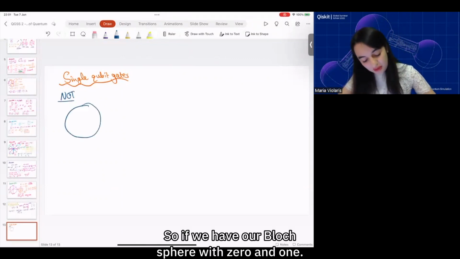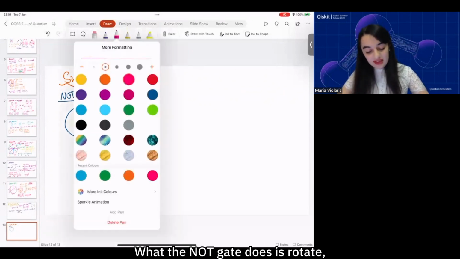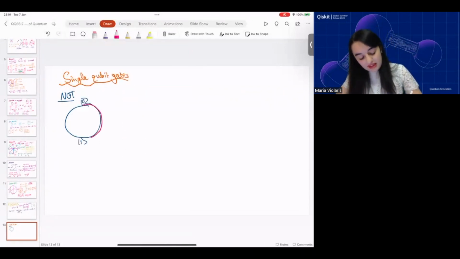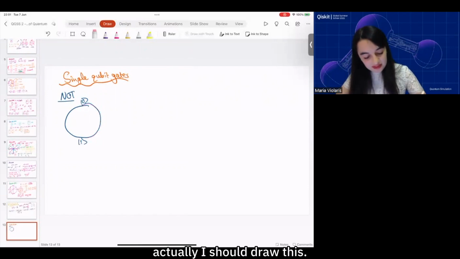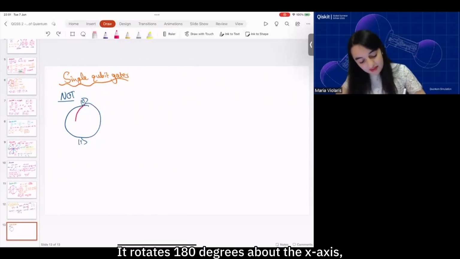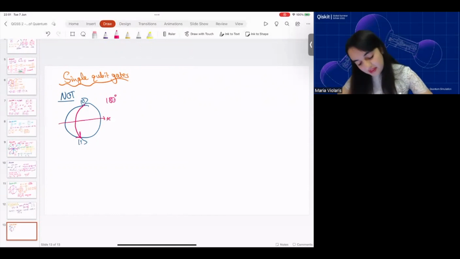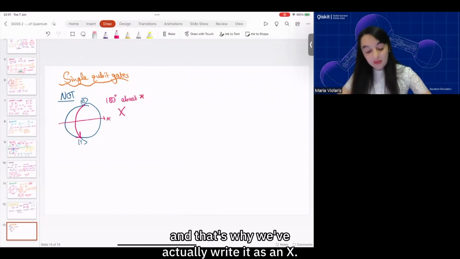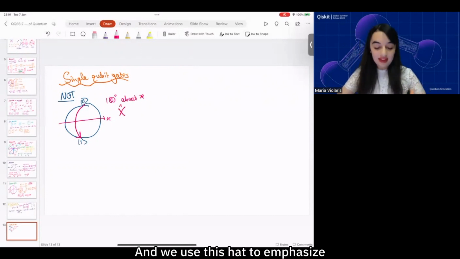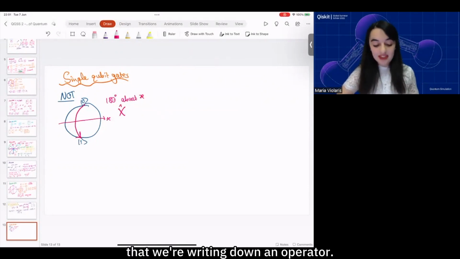So if we have our Bloch sphere with 0 and 1, what the NOT gate does is rotate, actually, I should draw this. It rotates 180 degrees about the x-axis. And that's why we actually write it as an X. And we use this hat to emphasize that we're writing down an operator.